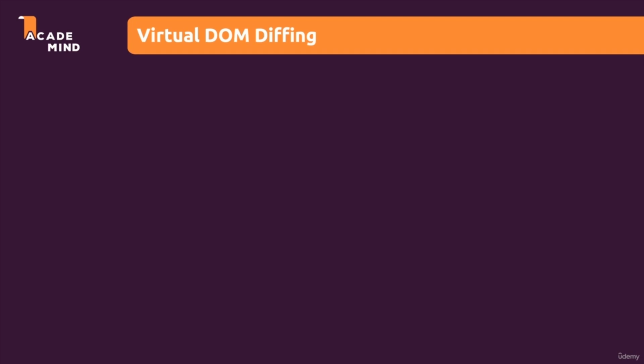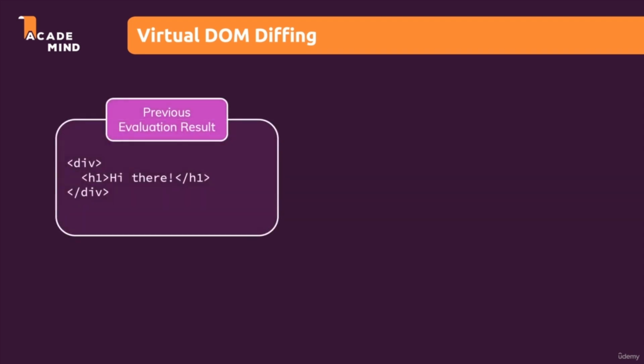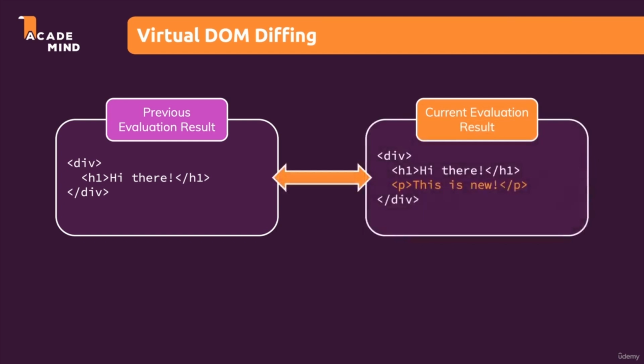And to see a real example, it could look like this. Let's say of a given component, our previous evaluation result, so when the component function ran the last time, is this. And now some state changes, and all of a sudden we want to show a new paragraph. So that's our current evaluation result.